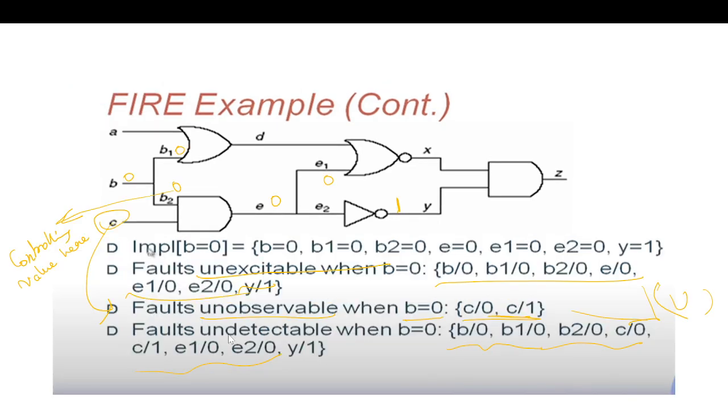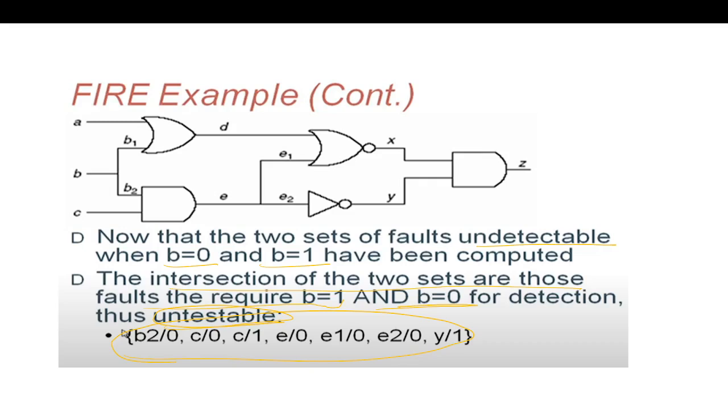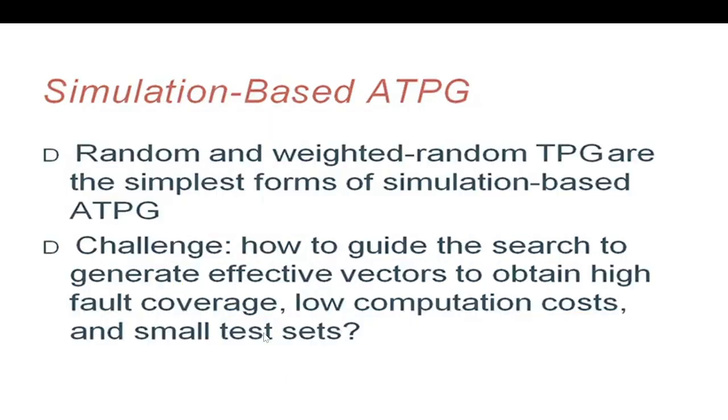So the pattern: we got some faults which are undetectable when B0 and B1. The intersection of both means that the fault requires both 0 and 1. So such faults are untestable faults. In this way, by performing the conflict analysis, we can detect all the untestable faults.